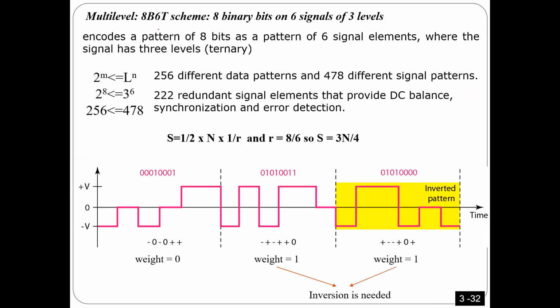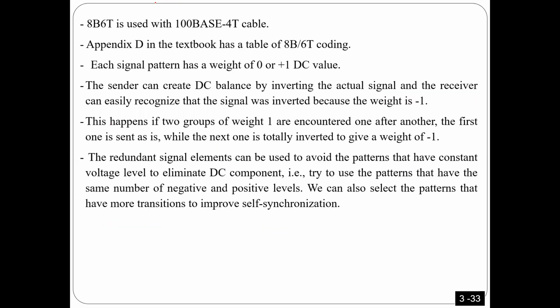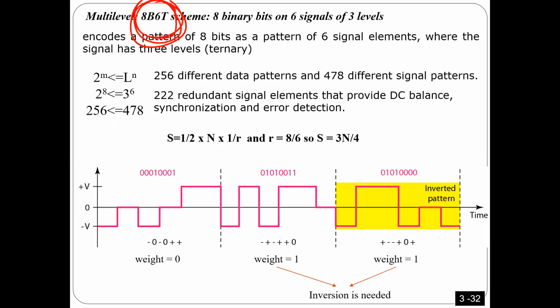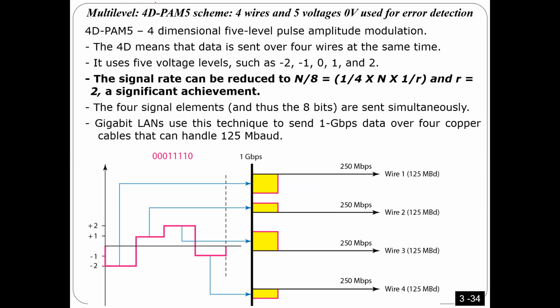You remember when I explained this one last time, there was no backslash here. But here, in order to differentiate between this one and the multi-level one, we are going to put a backslash.